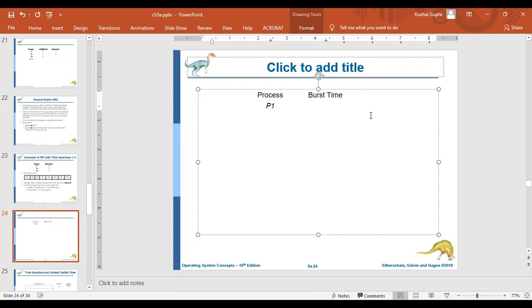P1, let's say 16, P2, 5, P3, 6. Now let the quantum is 4.